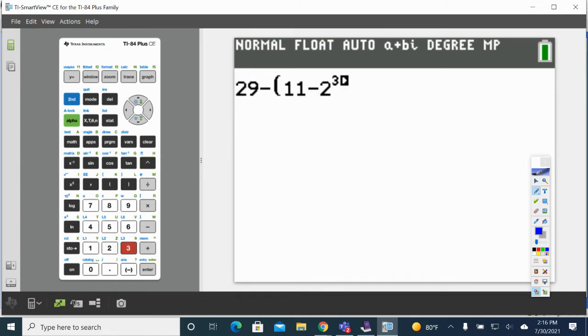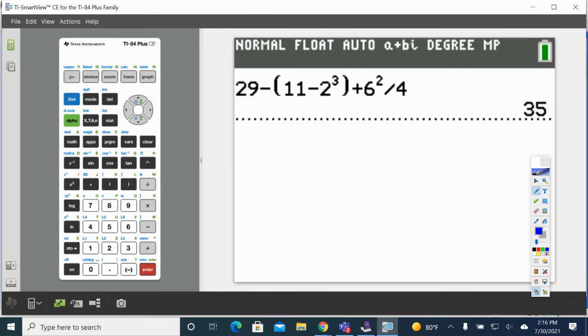And there's my cube. I do have to arrow to the right to come out of that exponent to make that right parentheses. Plus 6 squared is over on the left side of the calculator, divided by 4. Now the calculator is going to follow those rules of order of operations to give you the same exact answer that we came up with when we worked it out by hand.